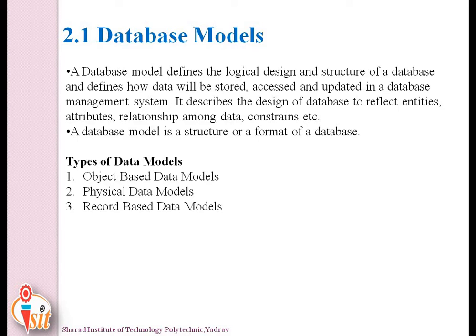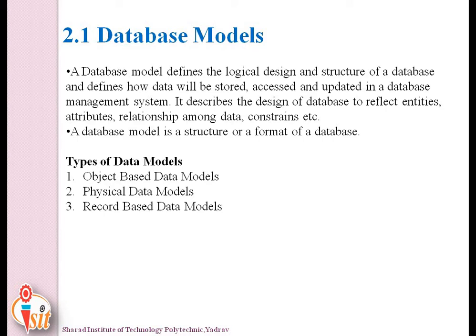Earlier data models were not so scientific, hence they were prone to introduce lots of duplication and update anomalies. A data model can be defined as an integrated collection of concepts for describing and manipulating data, relationships between data, and constraints on the data in an organization.